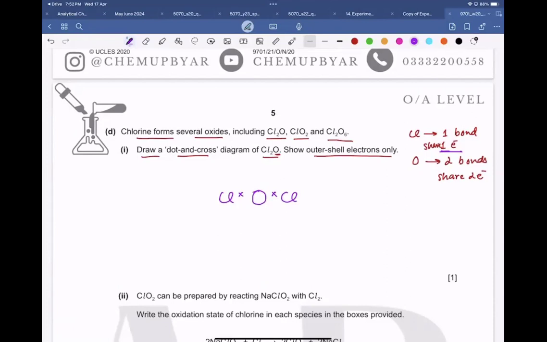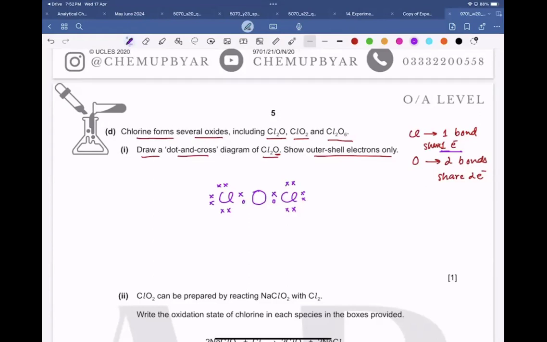So chlorine has 7 electrons in its valence shell. If it shared 1, 6 are left, and you will make those 6 electrons as 3 pairs around each chlorine atom. If you recall, oxygen has 6 valence electrons, and it will share its 2 electrons, one with this chlorine and one with this chlorine. Now, out of 6, 2 electrons are shared.